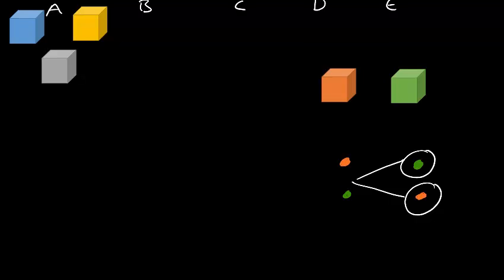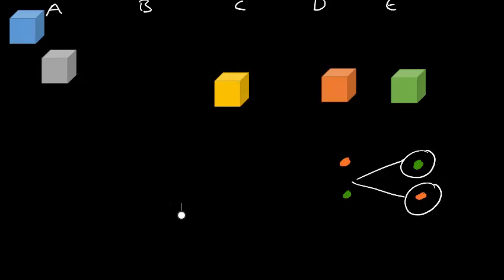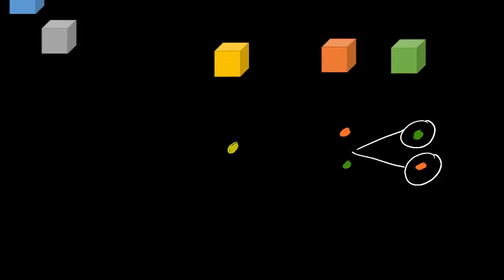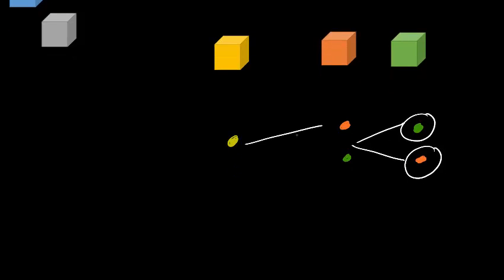Now let's suppose I throw the yellow cube into the mix. Then I could have had the yellow cube first, followed by the orange cube followed by the green cube, or I could have the yellow cube followed by the green cube followed by the orange cube.